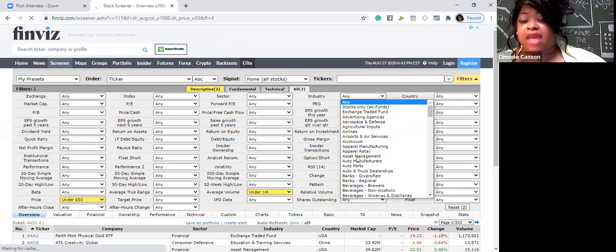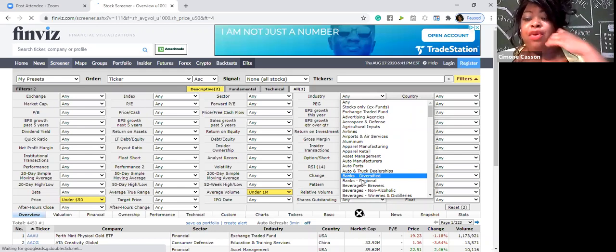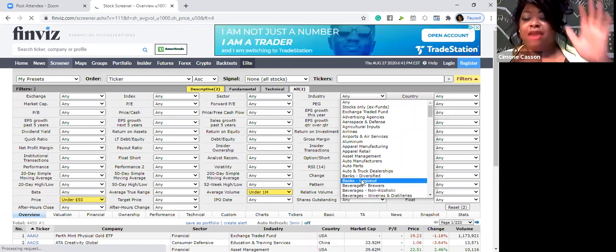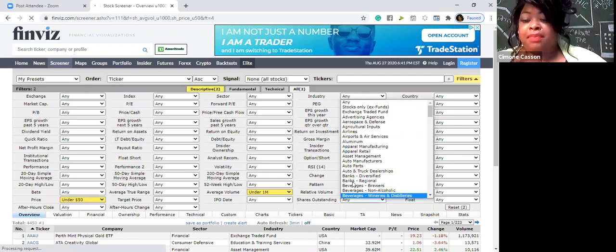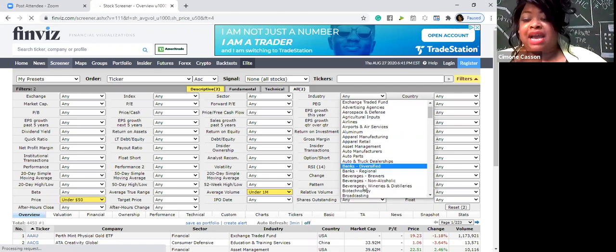And so it'll tell you different sectors. You're not limited to this, but you might say, hey, I've been in the banking industry for a long time, or you guys know that our company does cannabis and beer, so maybe you might be a beer company, beverages, non-alcoholic, just all kinds of stuff that's in here.